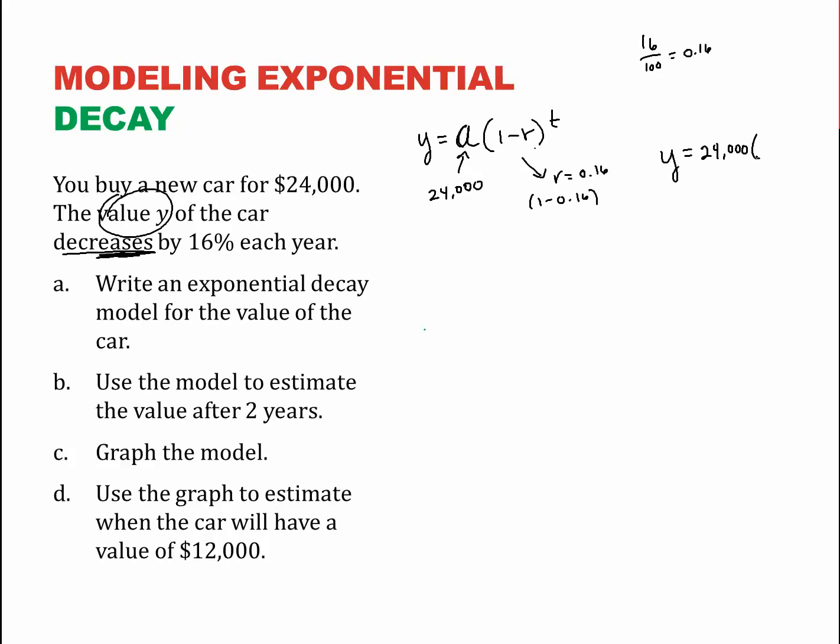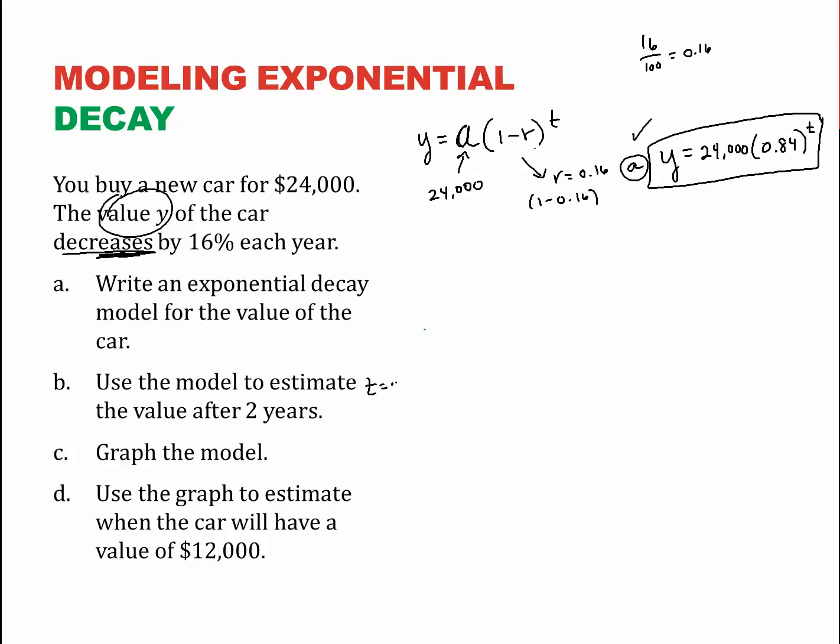24,000, 1 minus 0.16, 0.84 to the T. That's A. B. Use the model to estimate the value after 2 years.